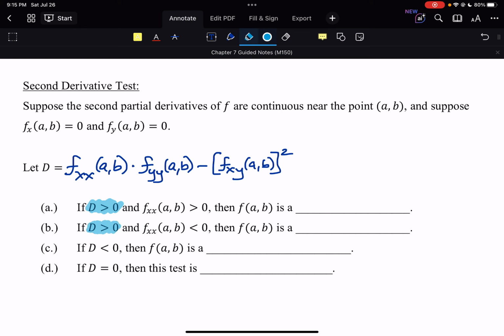If we get out a value of D that is a positive number, then that tells us that there will be either a max or a min.